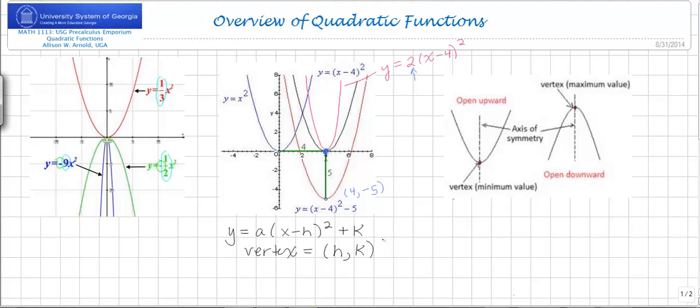So we can actually look at the equation if it's in this form, which by the way is called standard form, and read off the vertex.